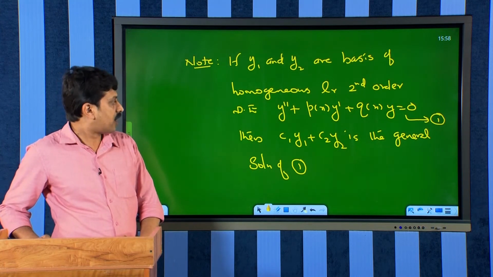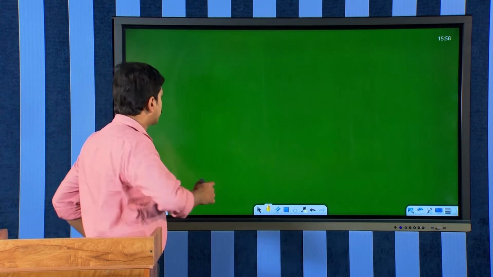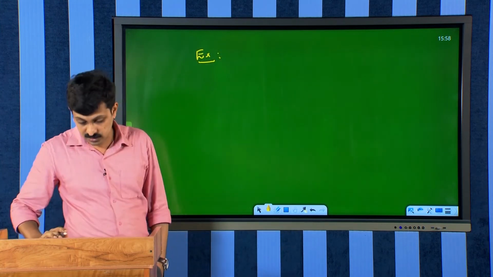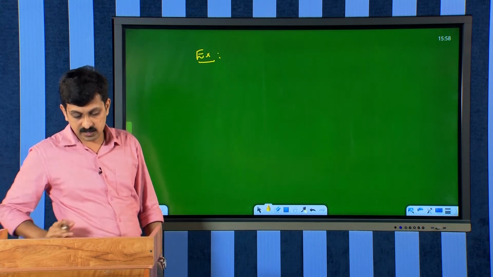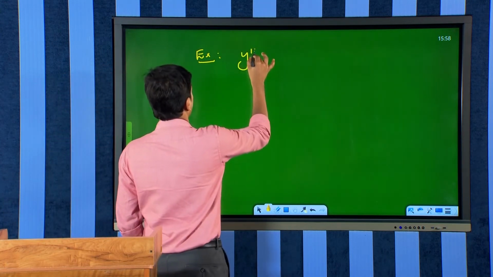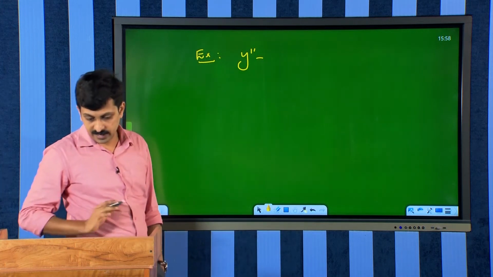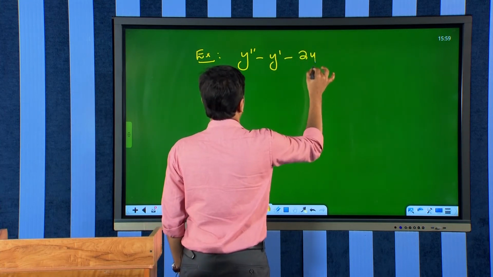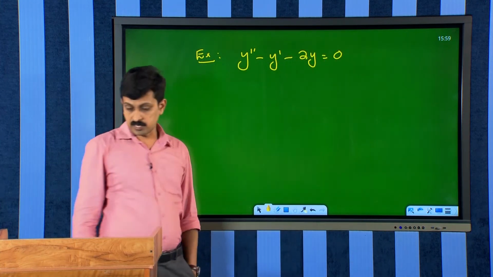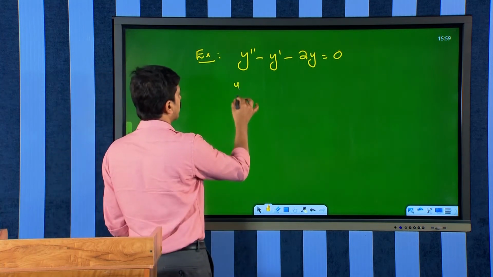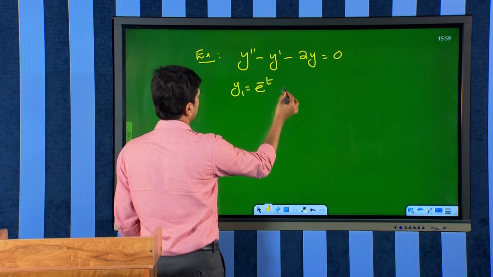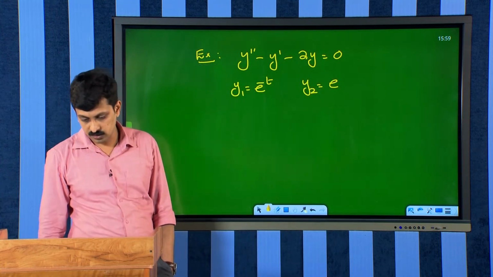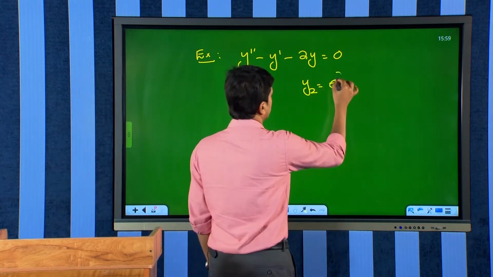Okay, I would like to discuss an example with you. Consider the differential equation y double dash minus y dash minus 2y is equal to 0. Consider the functions y1 equal to e raised to minus t, and y2 equal to e raised to 2t.